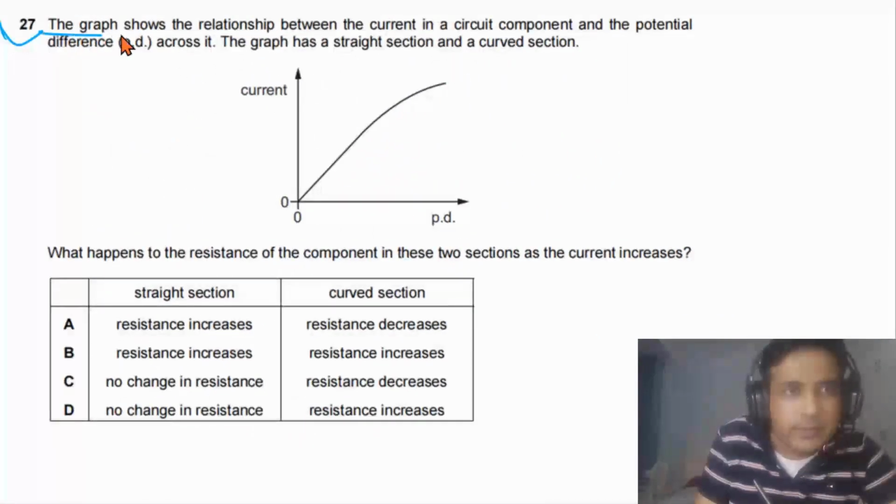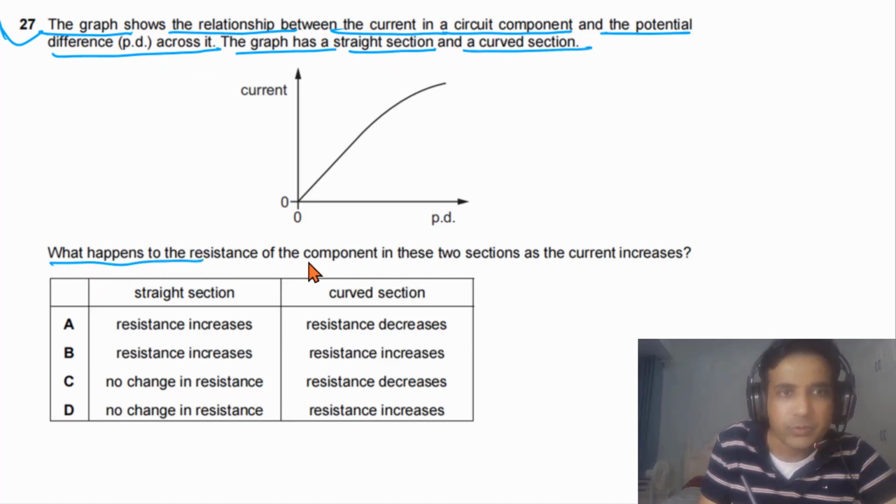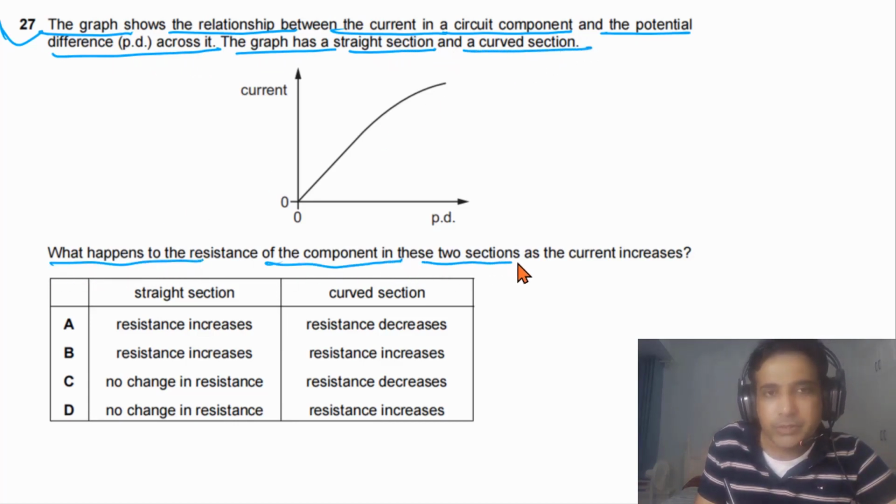Question 27 says, the graph shows the relationship between the current in a circuit component and the potential difference across it. The graph has a straight section and a curved section. What happens to the resistance of the component in these two sections as the current increases?